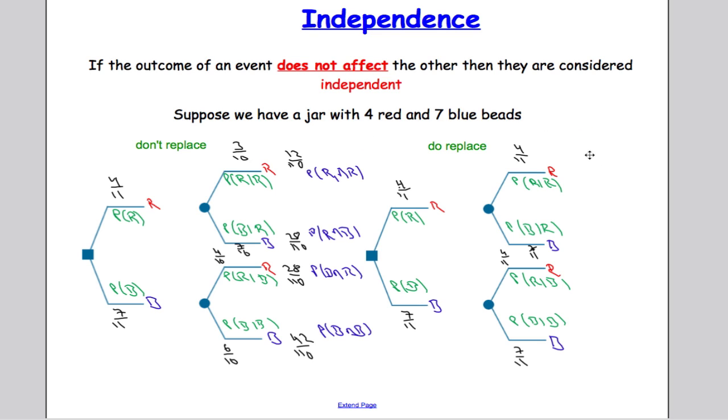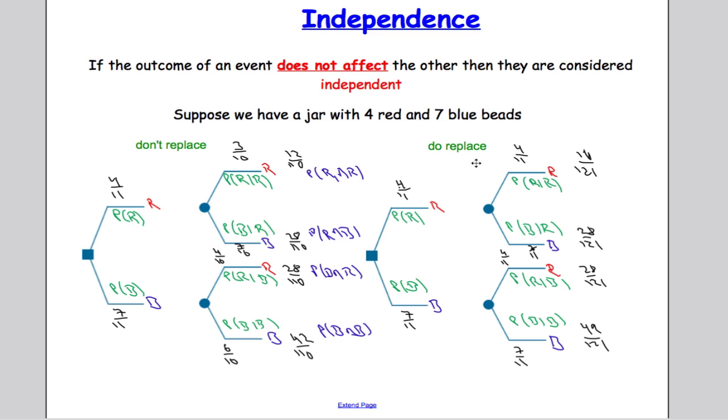Again, we can multiply across our branches: 16 over 121, 28 over 121, 28 over 121, and 49 over 121.